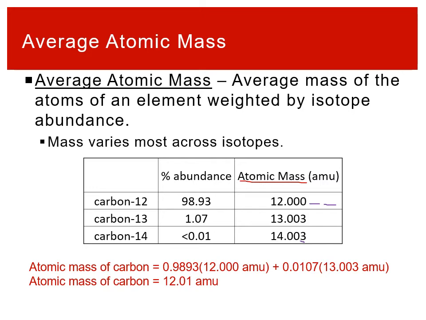It doesn't affect the average mass because they're so uncommon. And so we have this 12.01 AMU. That really does represent the average. And you can tell it's really close to 12, which represents the fact that 99% of carbon atoms are carbon 12. So the average mass is going to be pretty close to 12.